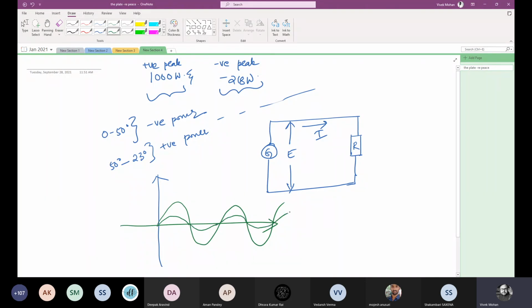So I am representing this by capital E, which is ERMS. Now this is my capital I, which is IRMS.